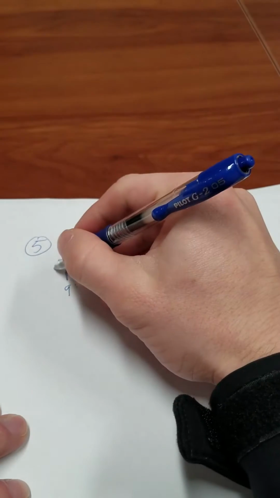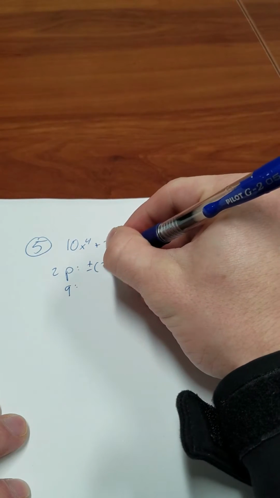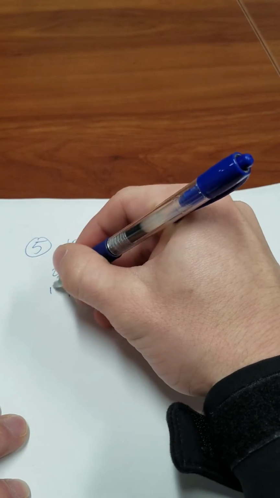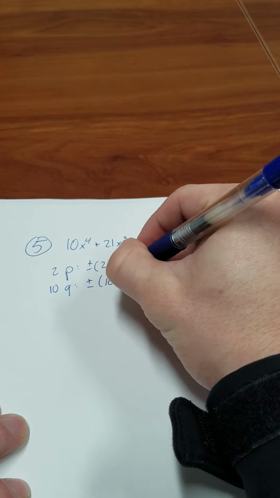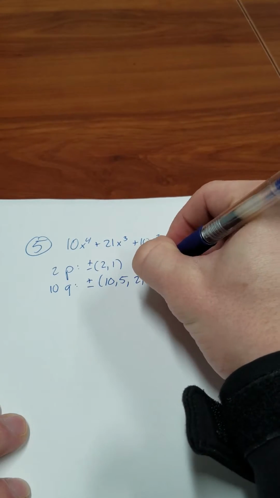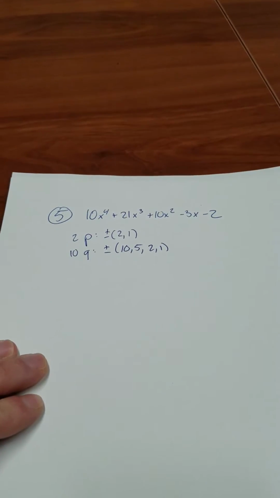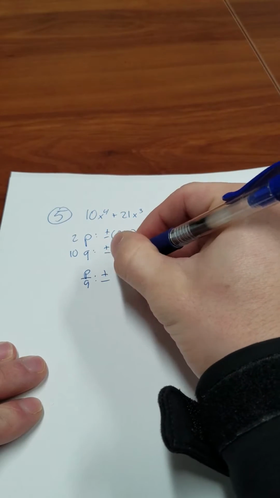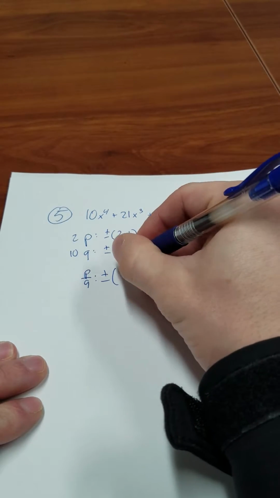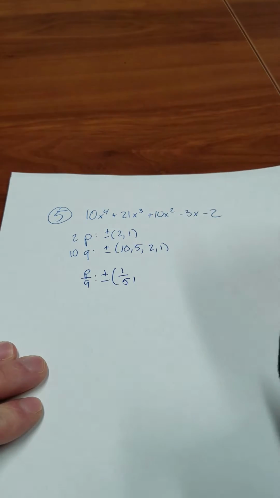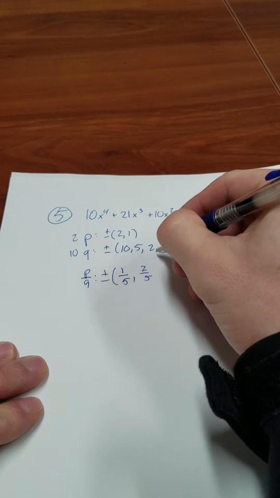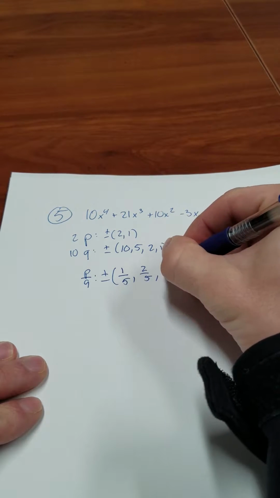All right, our constant term is 2. So this is going to be plus or minus 2 and plus or minus 1. Q, all factors of 10. 10, 5, 2, 1. So P over Q is 2 over 10. That simplifies to 1 over 5. So I'm going to put 1 over 5. 2 over 5. 2 over 2, which is 1.